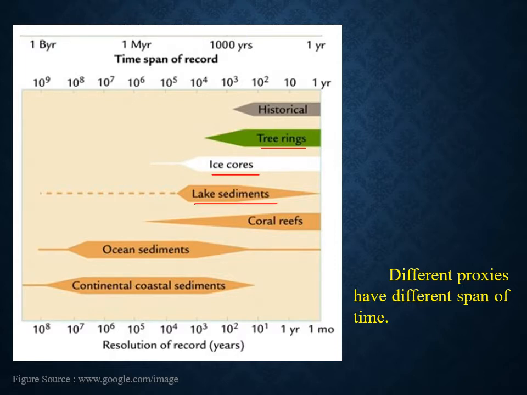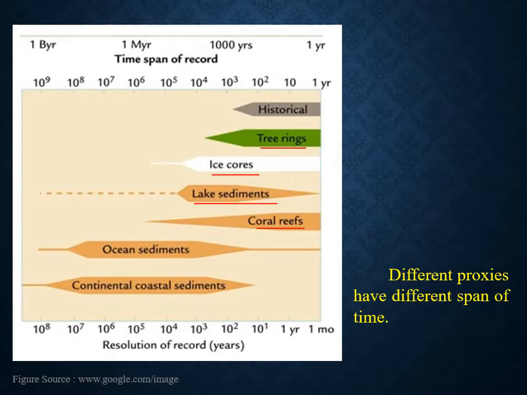Say for example, tree rings, ice cores, lake sediments, the coral reefs, they are very good for the last thousand or lakhs of years. But for the much ancient time, they are not giving the record of climate.